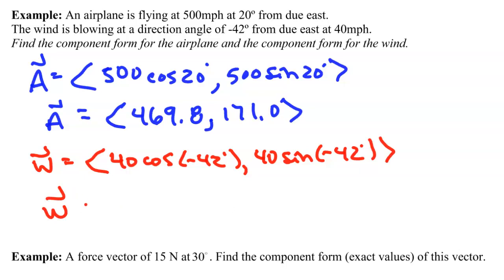And for the wind, I get 29.7, comma negative 26.8.